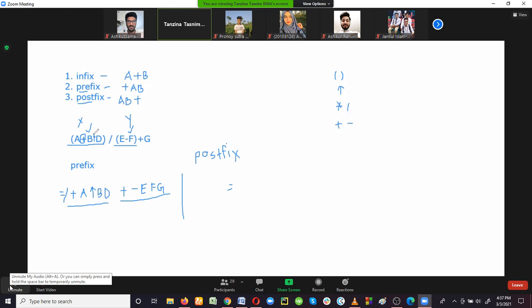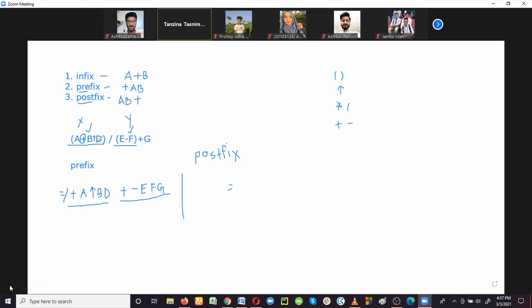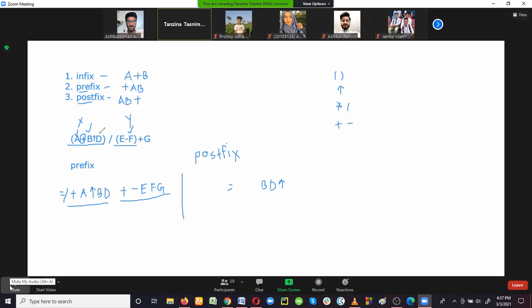The exponentiation operator is placed between b and d; now we add it after b and d because it's postfix notation. So b d exponentiation. Now another operator is plus, and we should place it after these two operands. This plus connects two operands, one is a and another is b exponentiation d.